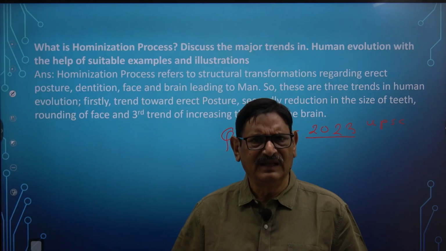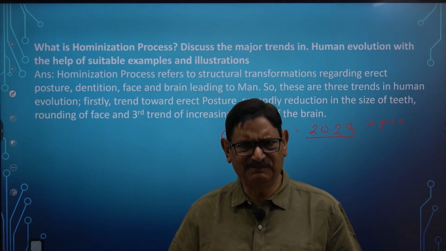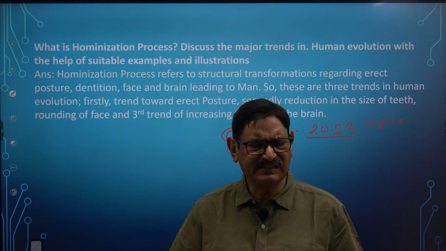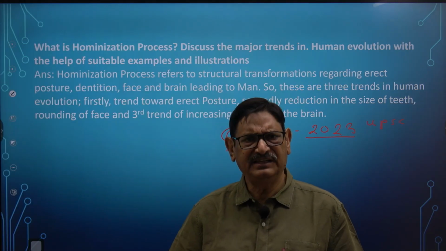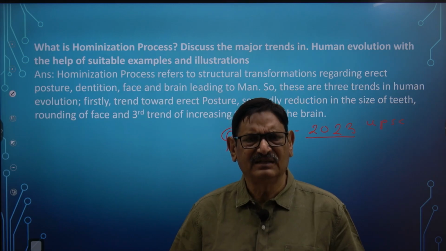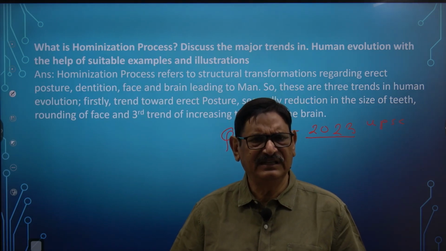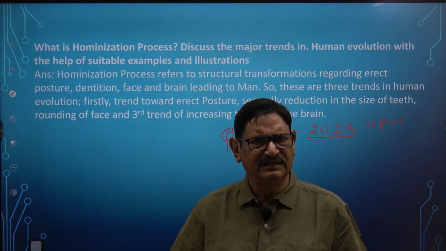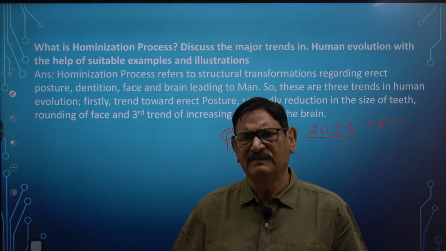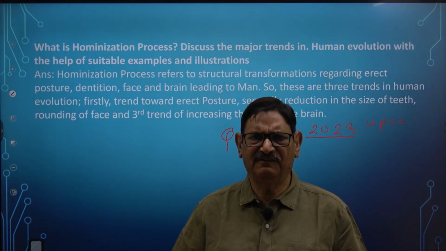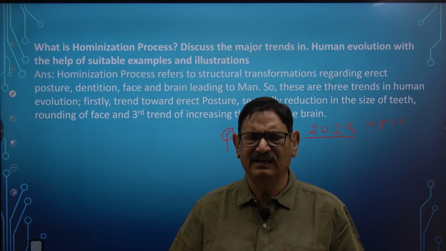Fossils represent the hominization process, and there are three trends of human evolution, or hominization. Firstly, the trend of erect posture. The second trend is reduction in the size of teeth, and the third trend is rounding of face and increase in brain size.